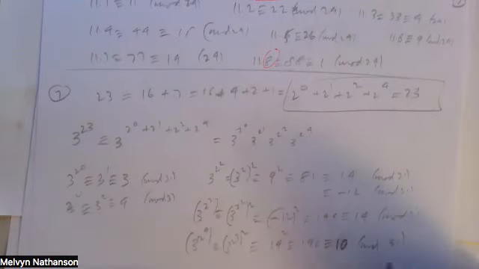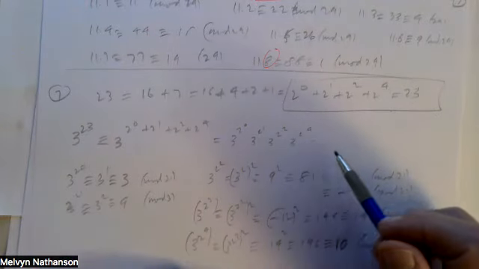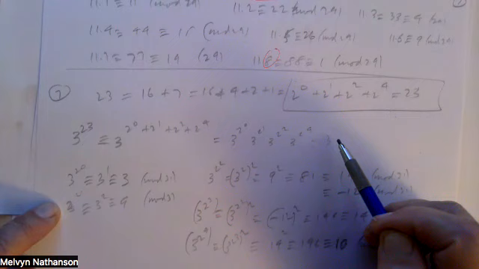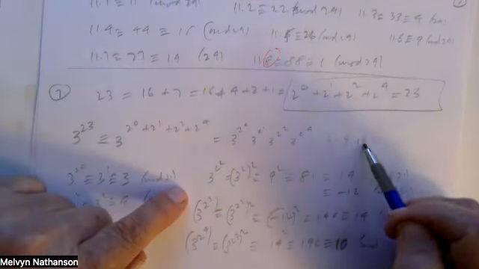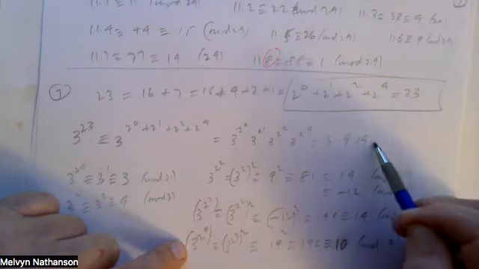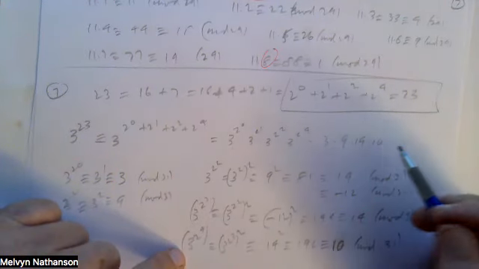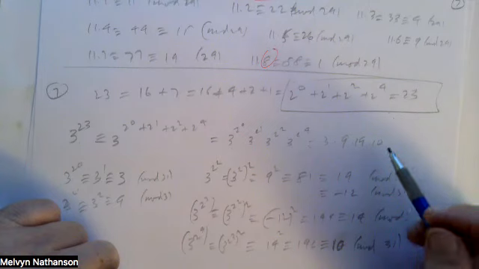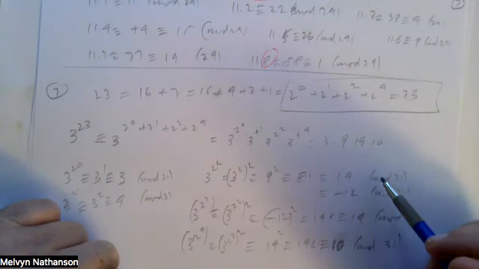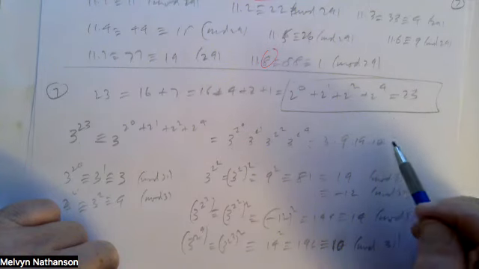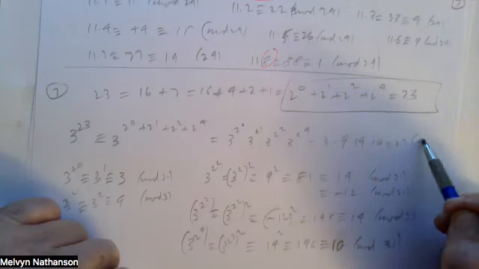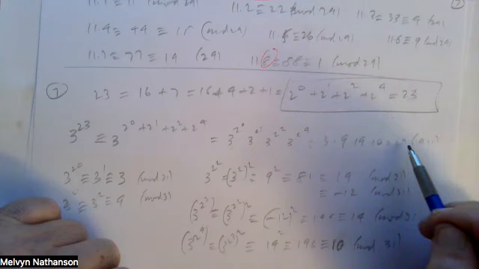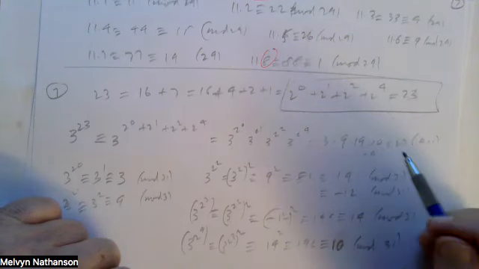So this number, modulo 31, is 3 times 9 times 19 times 10. So we have to compute that modulo 31. So this is, say, 27 times 19 times 10. 27 is minus 4.